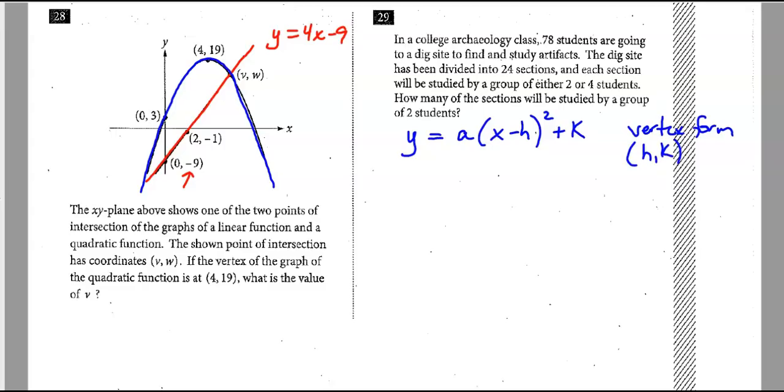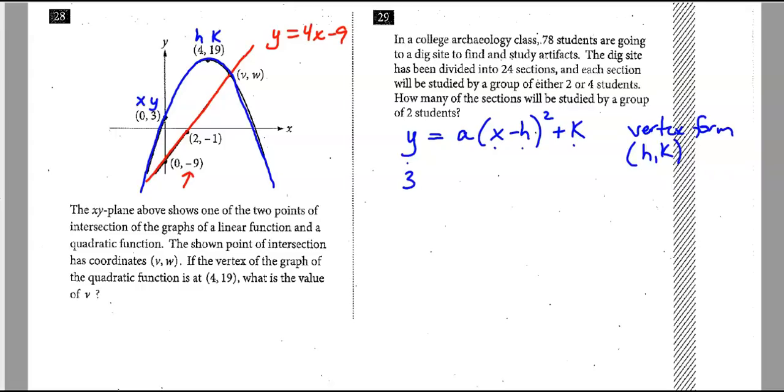In this particular problem, my h is 4 and my k is 19. So I'm going to put in some values. What's also nice is I have an x, y that I know works, so I should be able to plug in x, y, h, and k to figure out what this a value is.